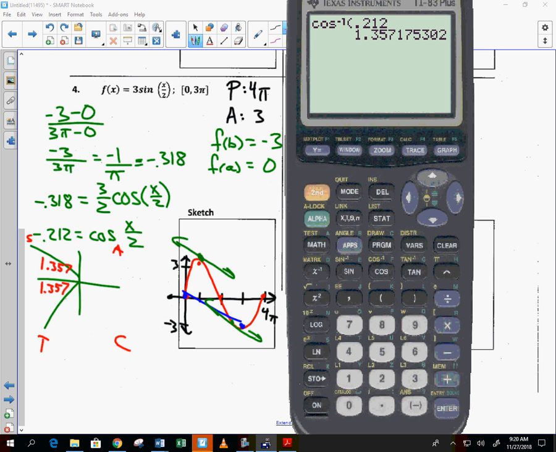Now, in radians, what is this spot right here? Pi, which is, as a decimal, 3.14. So what will I do with 3.14 and 1.357 to come up with this angle? I'll subtract them. So 3.14 minus the answer, and I get 1.78.